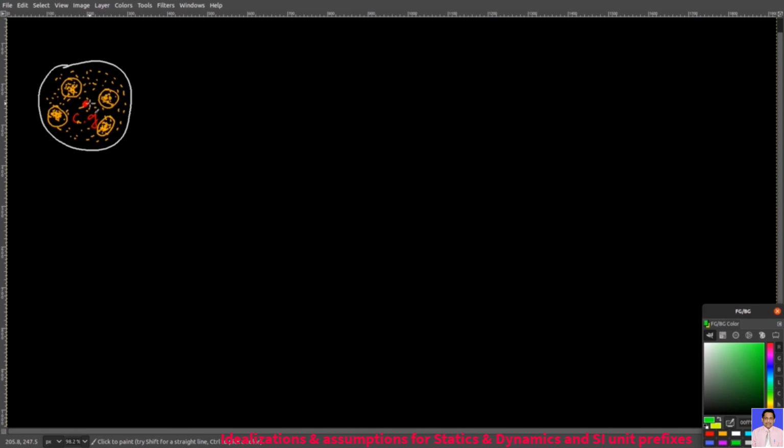It's shifted. Maybe instead of being here, it's slightly shifted here or maybe a bit here. And so in reality, it matters where you are on the sphere. However, as mentioned before, our assumption of a perfect sphere with constant density is good enough for statics and dynamics.